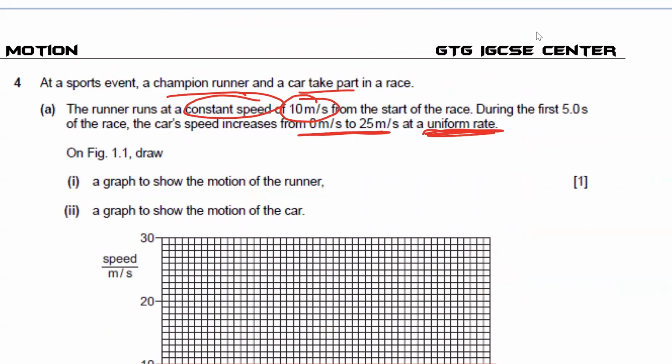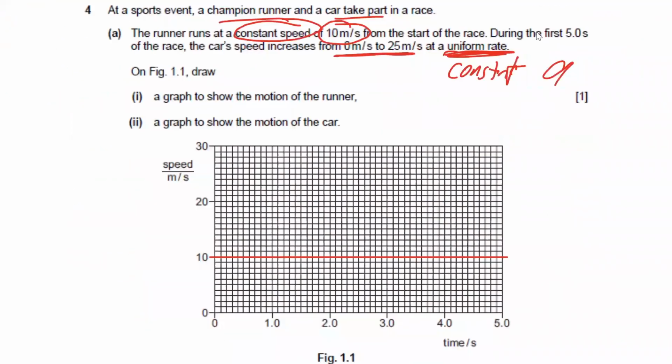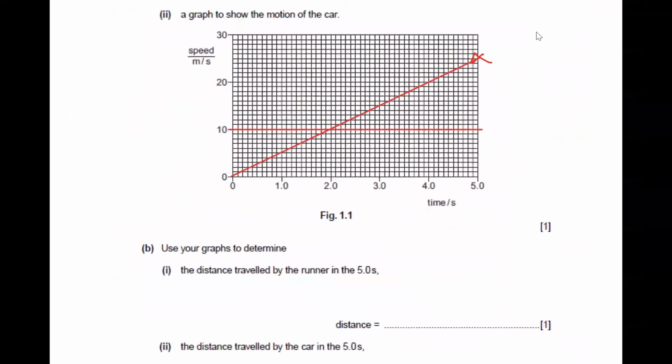Uniform rate means constant acceleration, guys. You're just supposed to find 25, which is somewhere around here. Then you just draw one straight line, which ends up somewhere here, which is the confusing part.